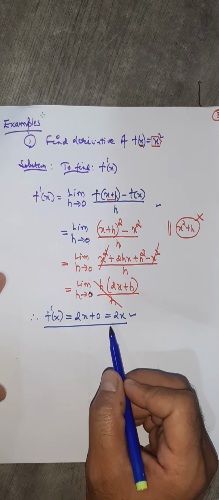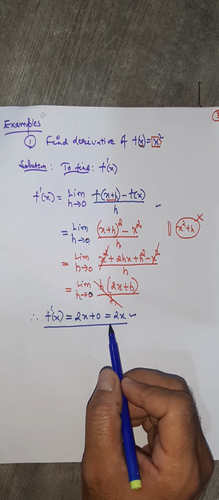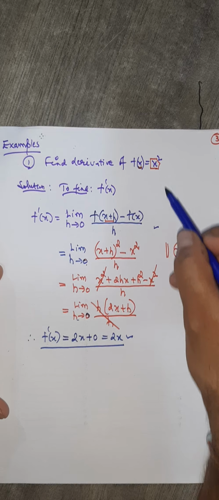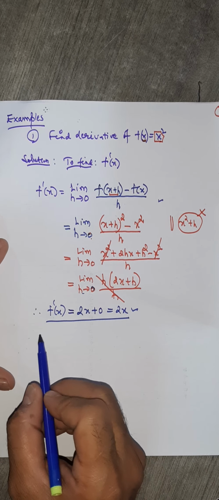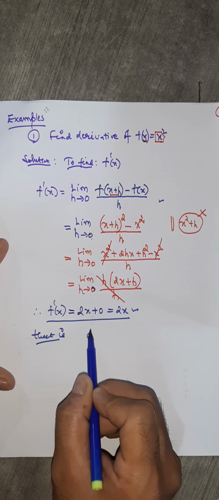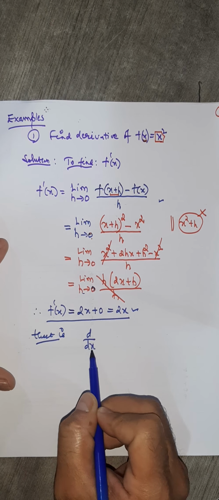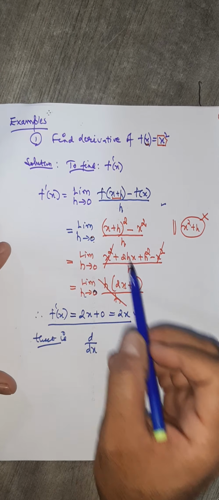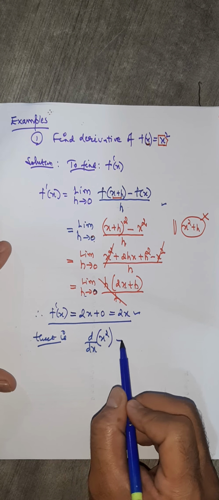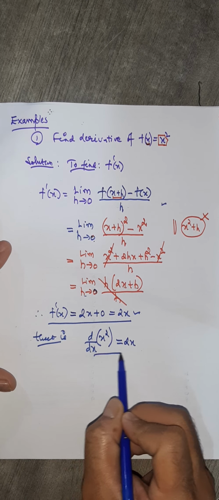You might be knowing, you might have used even in physics also, that the derivative of x squared is 2x. Right? I can write like this if you want: derivative with respect to x of x squared, this is y, remember, is 2x.